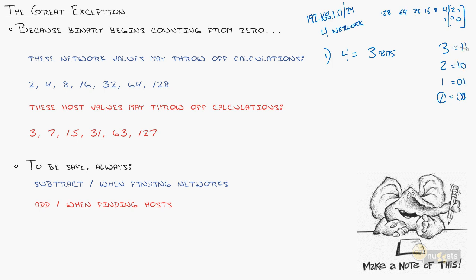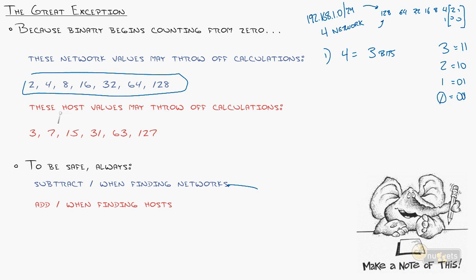Those are the binary values. So the truth is, you can get 4 networks with 2 bits because of counting from 0. So essentially, if you look at the binary chart and there's any kind of question asking you to figure out how many networks and it's an exact binary number, you just have to remember, well, okay, binary always counts from 0, so we can just simply subtract 1 when we're doing that.